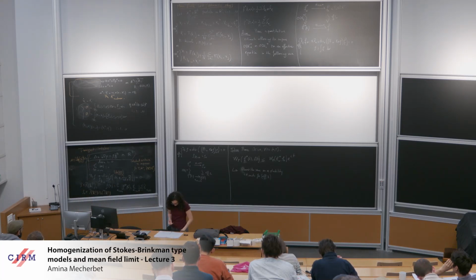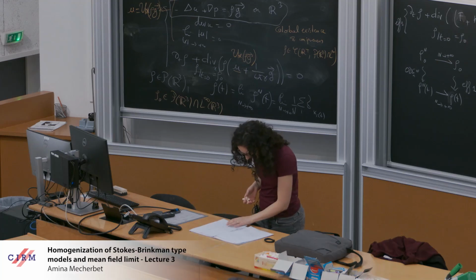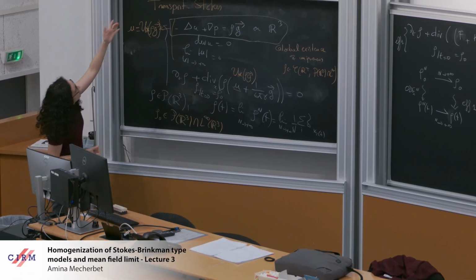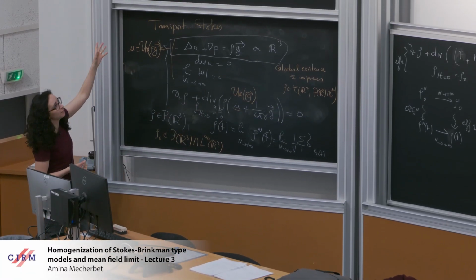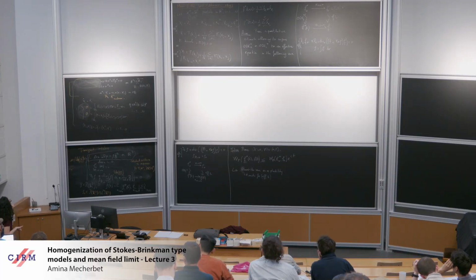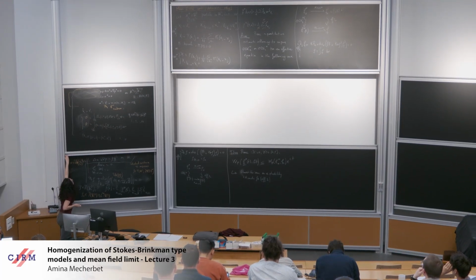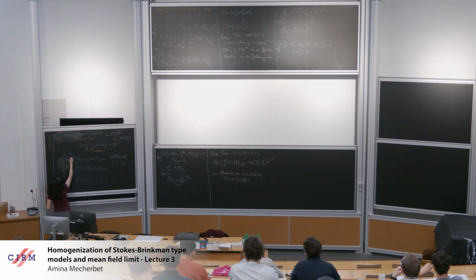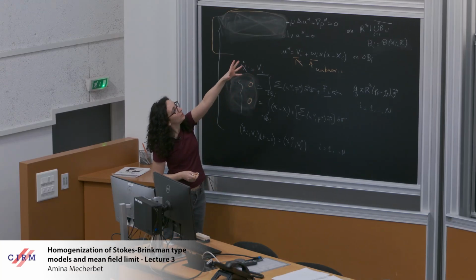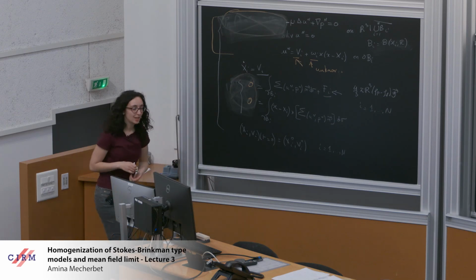So if there are no questions, let me maybe just first explain to you how this system can be written as a mean-field problem, because for the moment, this is not clear, right? We have an ODE for the motion of the particles, but we don't really know what is VI. So I said VI is unknown, and so somehow we would like to have something similar to that problem, right?